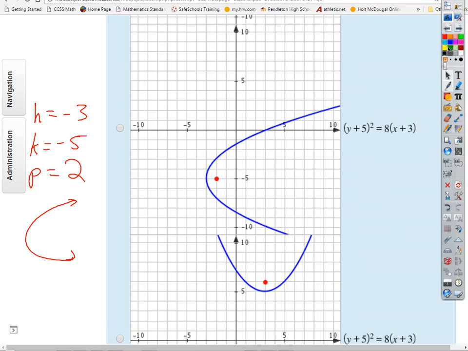Our vertex is -3, -5. Does that fit though? What's wrong about it? It opens in the correct direction, but something's wrong. What is that red point? That's the focus, right? So what's the value of P for this parabola that's graphed? 1. What's ours? 2. Doesn't work.